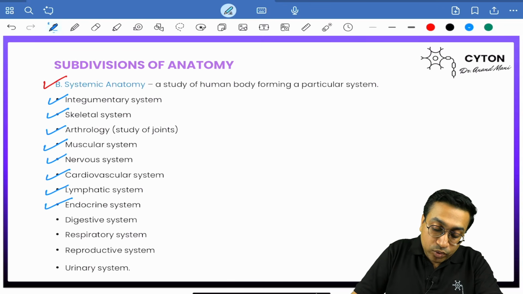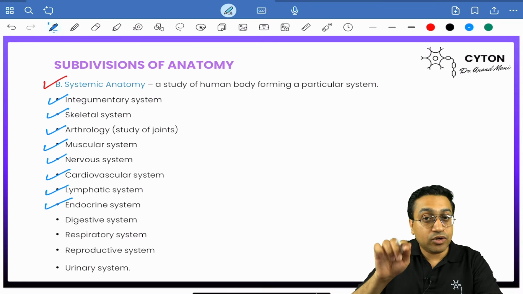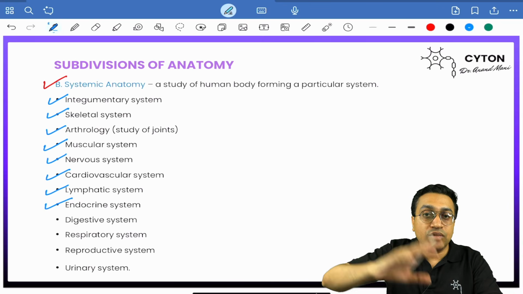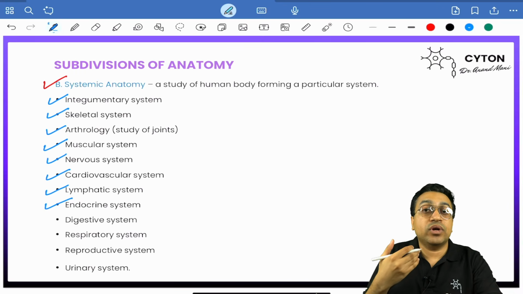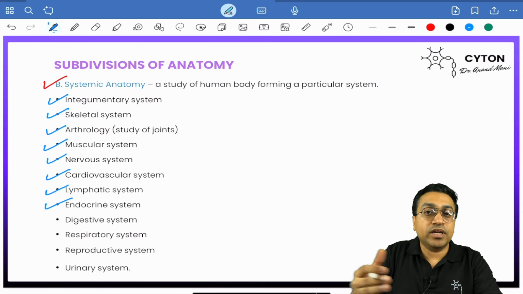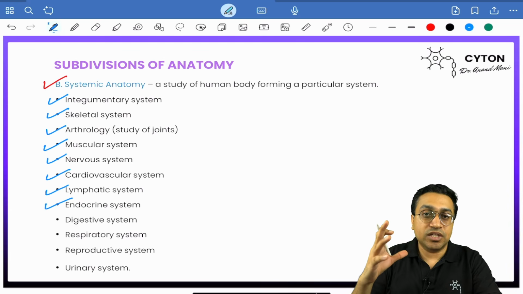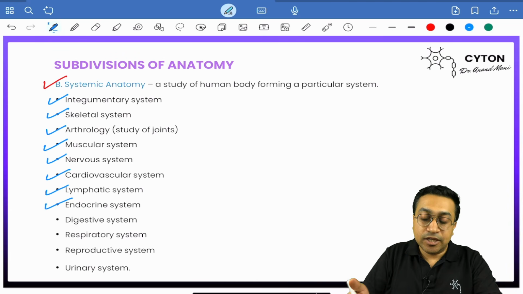And then the endocrine system. You saw in the 3D animation in the beginning itself, I clicked on the button and the entire endocrine organs of the body, like the thyroid gland, showed up in the 3D animations, and that will be taken again region-wise. For example, the thyroid is in the neck region, so we will be teaching you there in the head and neck region. That comes as a part of that.